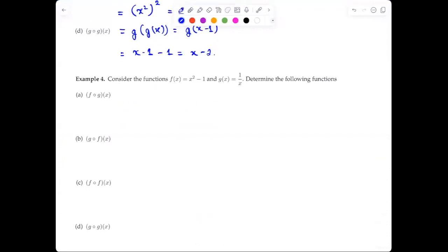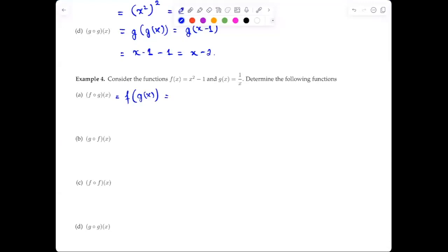Now let's do example 4. I'm going to perform the calculations for part A only. I'm going to turn it over to you to perform parts B, C, and D and see what we got. Okay. So for A, f composed with g of x is equal to f of g of x.